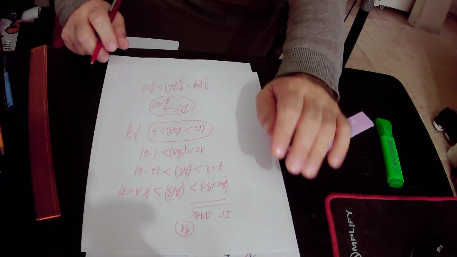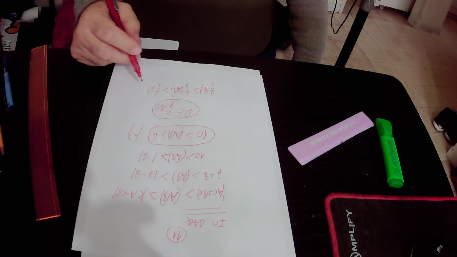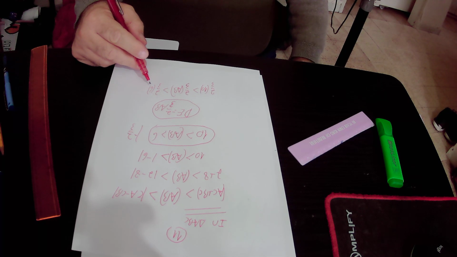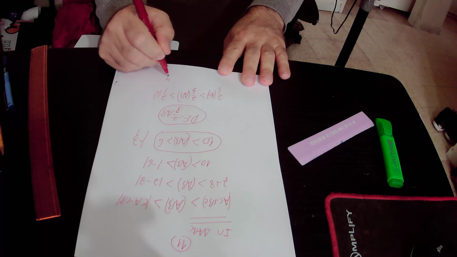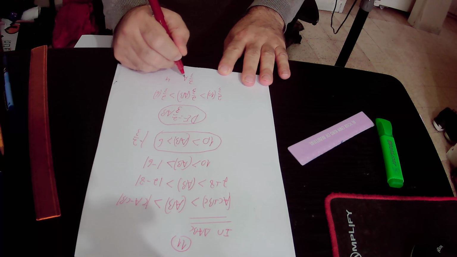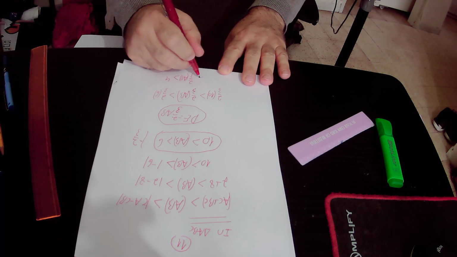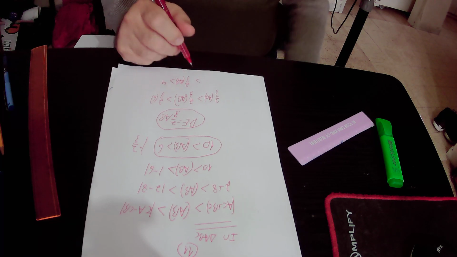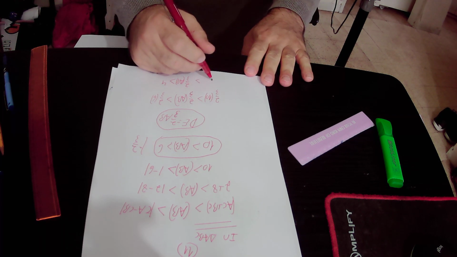So 2/3 times 6 is 2 times 6 is 12, and 12 over 3 is 4. So we got that 2/3 AB is greater than 4, and it is smaller than 2/3 times 10. 2 times 10 is 20, and 20 over 3 is 6.66.